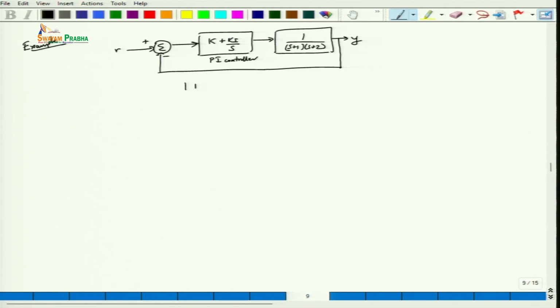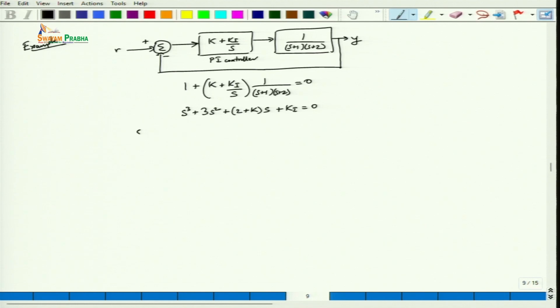So, we can write the characteristic equation as, based on this, we get s cube plus 3s square plus (2 plus k) s plus ki is equal to 0.